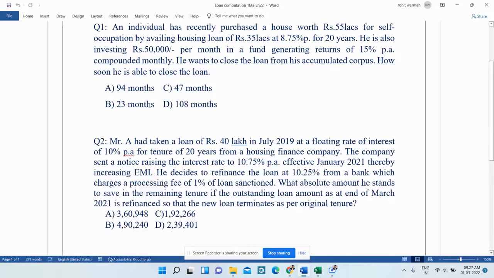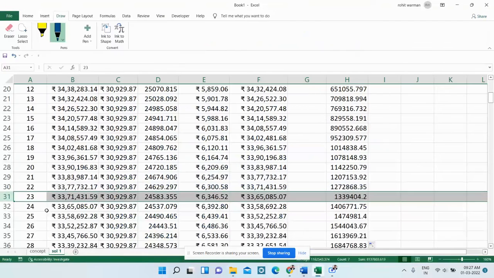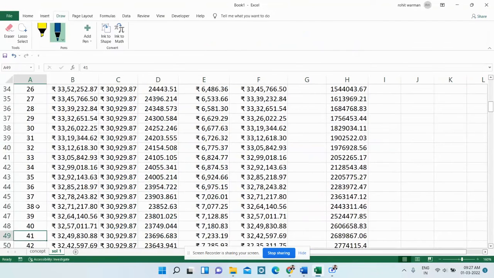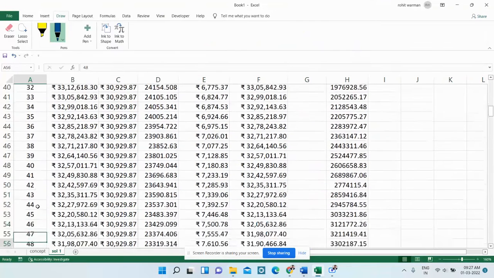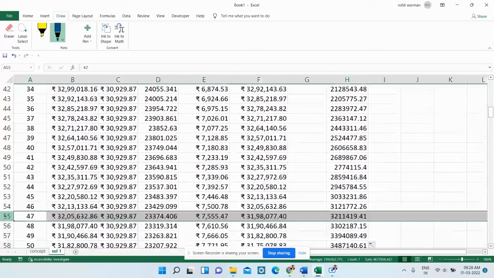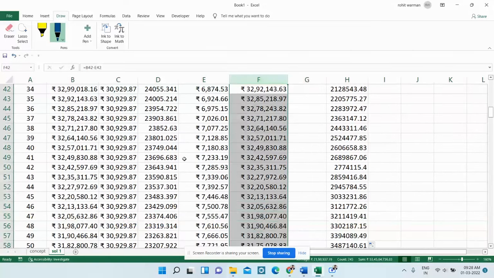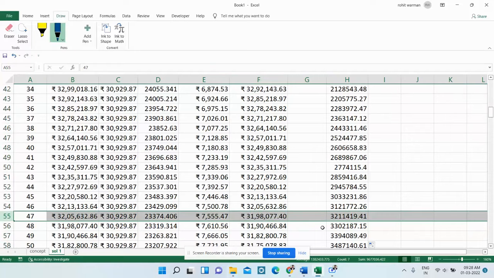Next is the 47th month. We'll go to the 47th month, again the F column. Here the loan outstanding is 31 lakhs, whereas the accumulated savings are 32 lakhs.